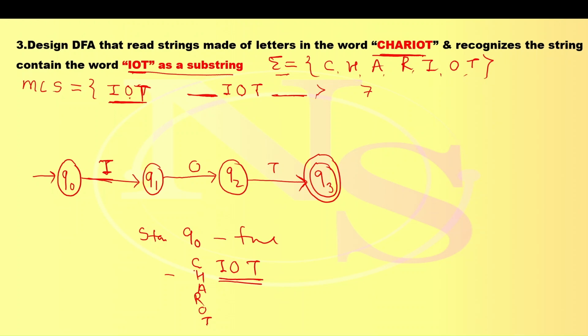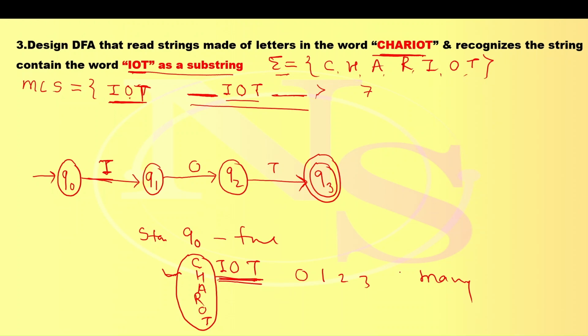Before IOT, if any symbol is coming, maybe once, twice, thrice or many times, it doesn't matter, or these symbols may not come at all, meaning 0 times. Whether these symbols are coming or not, that is not going to matter. Our focus is on IOT, the way I have explained here. Before IOT, anything may come or may not come.